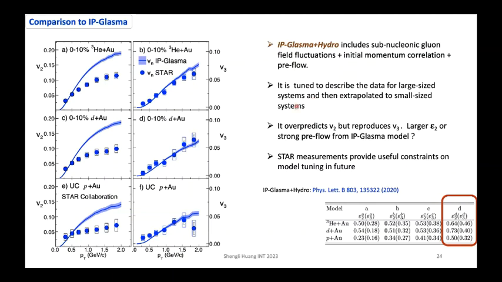It would be better to see the calculation before the tuning, like using helium-3 for the tuning, to see how the calculation looks. In general, you can see the model calculation overpredicts the V2, but describes the STAR V3 measurement quite decently. This overprediction of the V2 could be due to a much stronger pre-flow effect. It may also be due to a much larger eccentricity 2 compared with the eccentricity 3 in the model calculation.